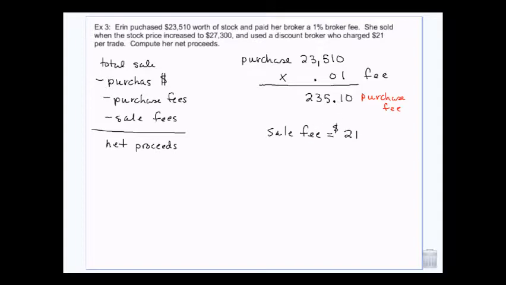So what I'm going to do is take that total sale minus the purchase price minus the purchase fee minus the sale fee.